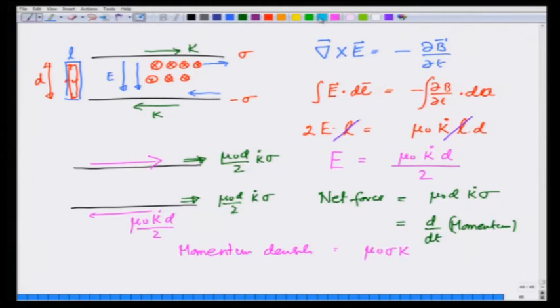Net momentum content per unit area, this volume per unit area, is going to be mu 0 sigma k, area is unity and the height is d, so mu 0 sigma k d.